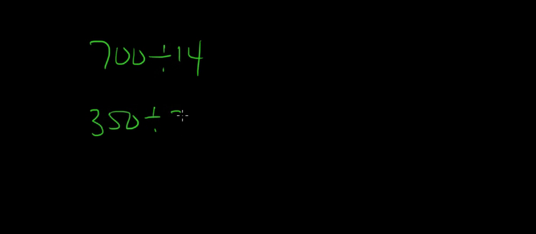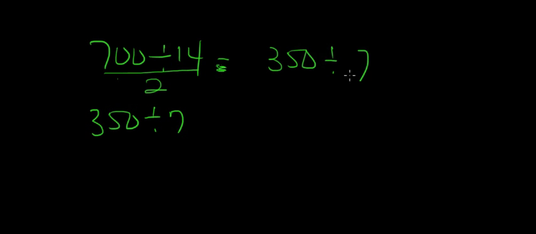So the point is that when you have 700 divided by 14, or 350 divided by 7, the idea is to build some kind of equivalency between the numbers in this bigger problem. And we do that by dividing. We take this number here and divide it by 2, and we all know that half of 700 is 350, and half of 14 is 7, and that's how we got this number here.